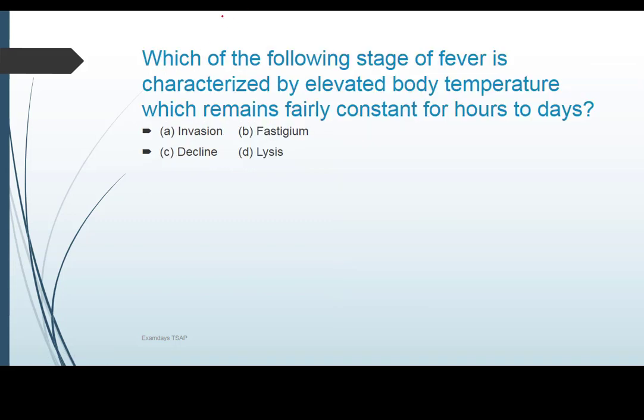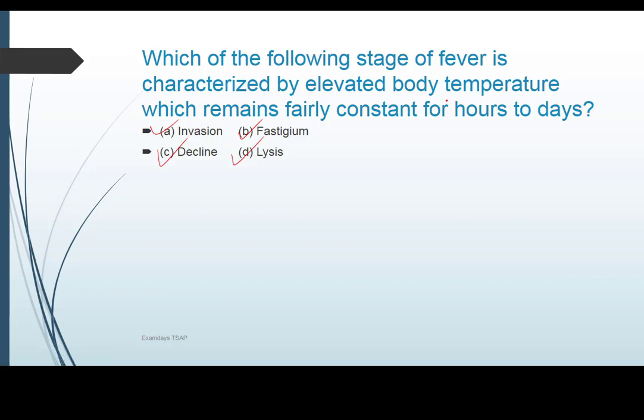Moving on to the next question. Which of the following stages of fever is characterized by elevated body temperature which remains fairly constant for hours to days? The options: A, invasion; B, fastigium; C, decline; D, lysis.